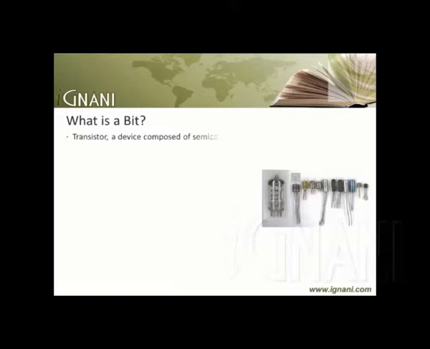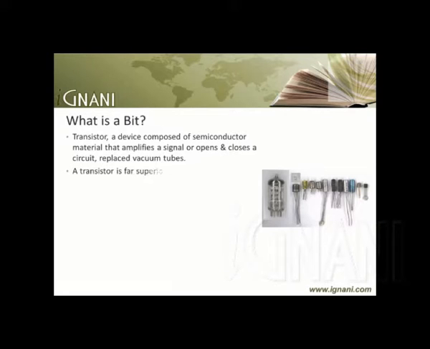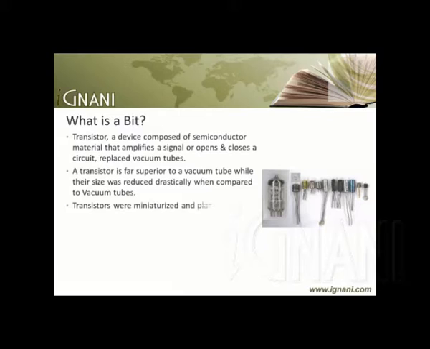Transistor, a device composed of semiconductor material that amplifies a signal or opens and closes a circuit, replaced vacuum tubes. A transistor is far superior to a vacuum tube, while their size was reduced drastically when compared to vacuum tubes. The development of the integrated circuit was the hallmark of the third generation of computers.